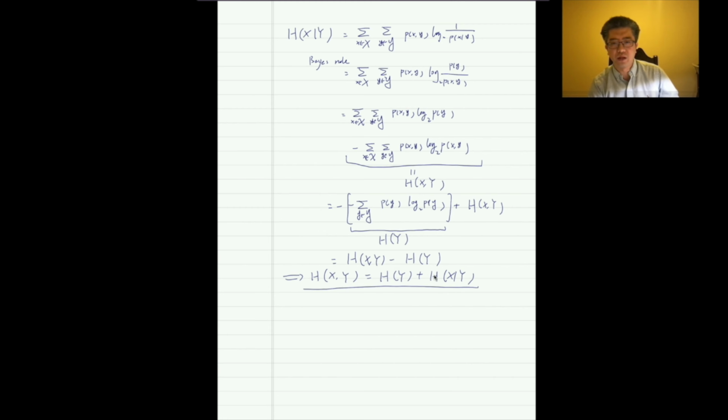It's almost like the Bayesian rule: in probability, P(x,y) equals P(y) multiplied by P(x given y). Here it's just a plus, because we derive it from the Bayesian rule. But in information theory, we have another name for it: the chain rule of entropy. We're going to see in our next class that we have chain rules for other measures of information as well.